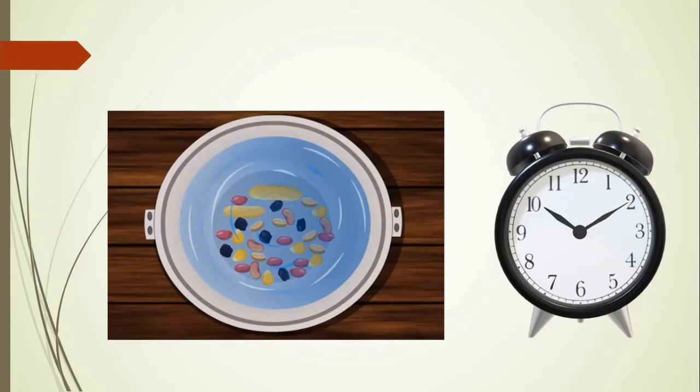Check each seed to see whether it divides into two equal halves or not. You will observe corn seed and wheat seed do not divide into two equal parts, but bean seed, tamarind seed, mango seed, coconut seed divide into two equal parts.